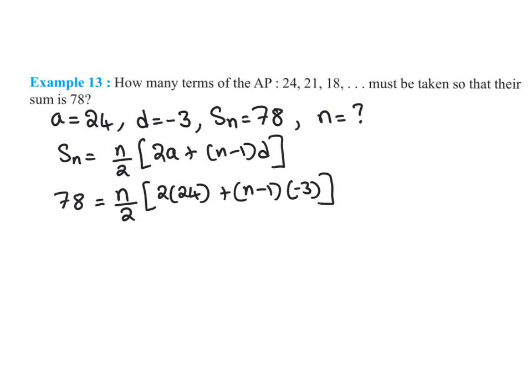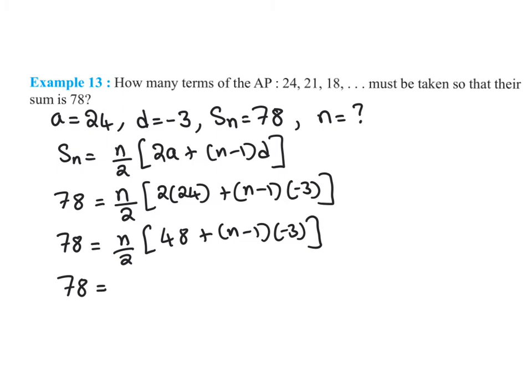And when you open the bracket, simplify it. 78 equal to n over 2 times 48 plus n minus 1 times negative 3. You further open the brackets, you get 78 equal to n over 2 times 51 minus 3n.